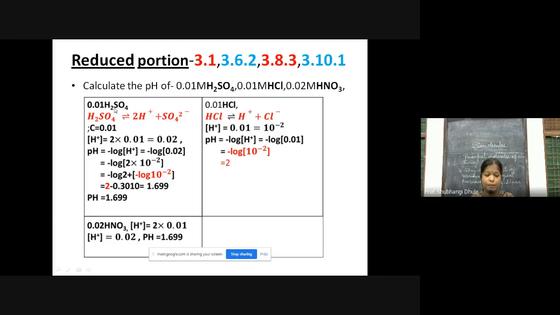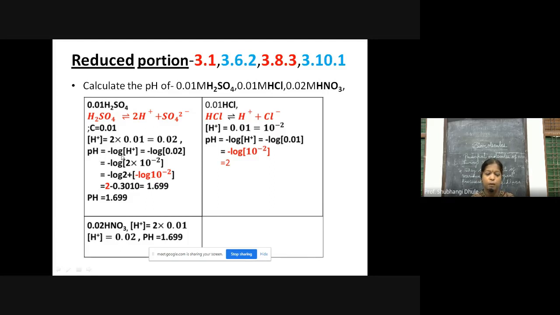If it is dibasic it gives 2 H plus, if it is monobasic it gives 1 H plus. Because of the di, it forms 2 H plus ions. So write the dissociation, and if 2 H plus, multiply the concentration by 2, you get 0.02, and find the pH.